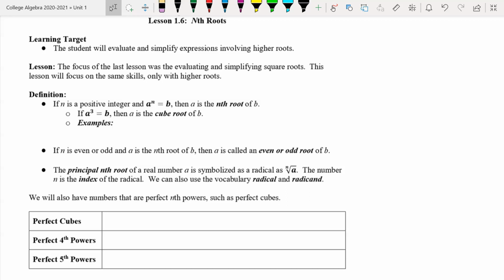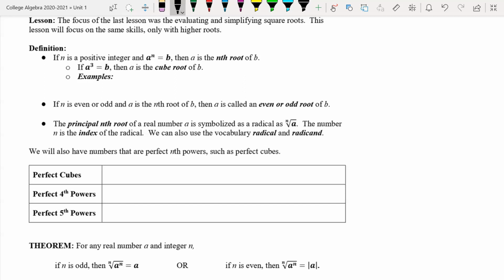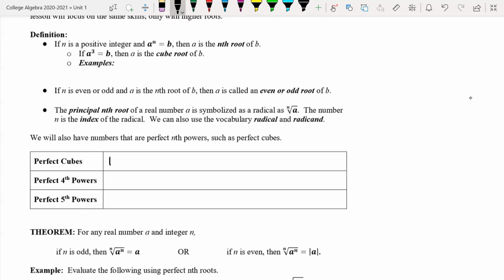So perfect cubes that you really need to know, and I would write these down somewhere. 1 cubed is 1, 2 cubed is 8, 3 cubed is 27, 4 cubed is 64, 5 cubed is 125, and 6 cubed is 216. So those are just ones that you see.